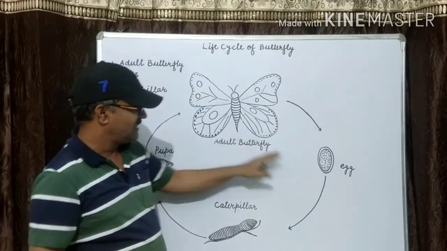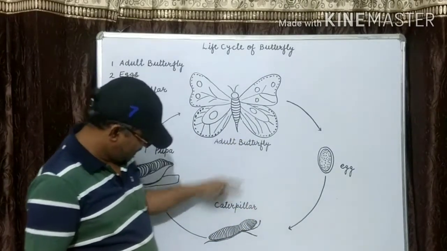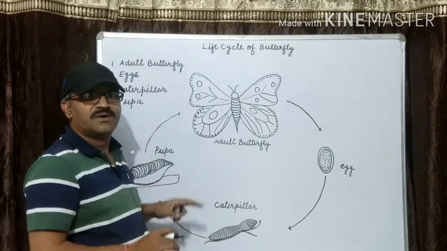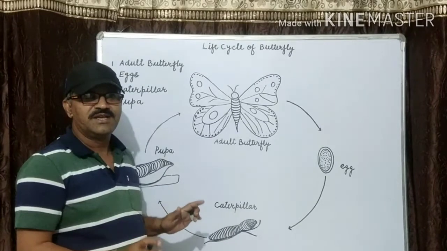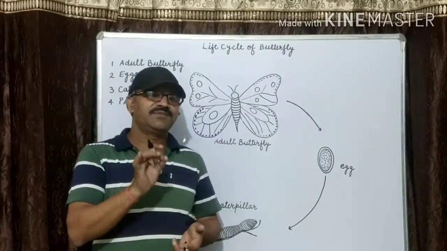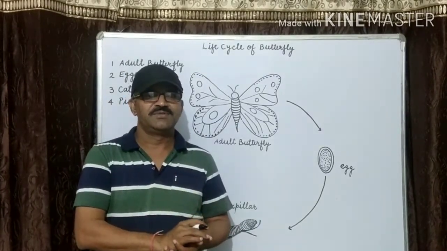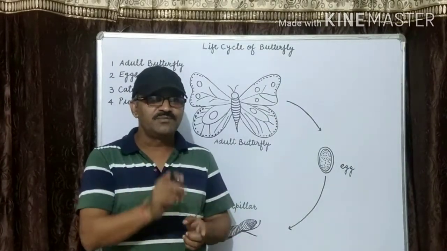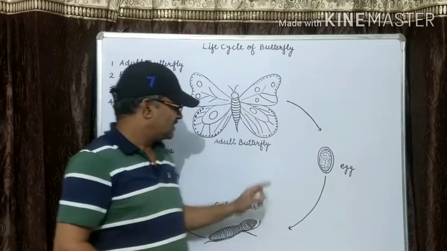Here is the butterfly, here is egg, it is different, and caterpillar also different, and this pupa different stages. They change from one form to another as they grow.